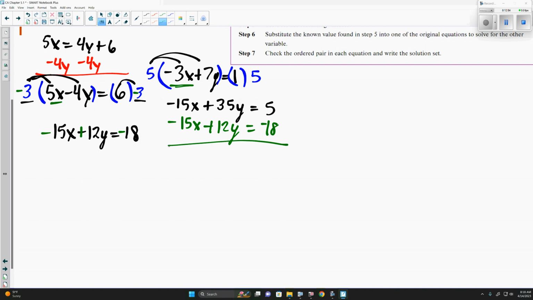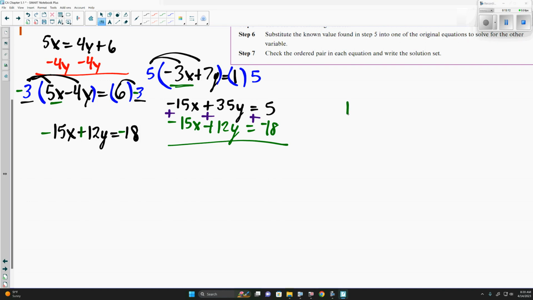We can do that. But when we use our next step, we would add. So yes, we can use the negative 3, and we would add at this point.